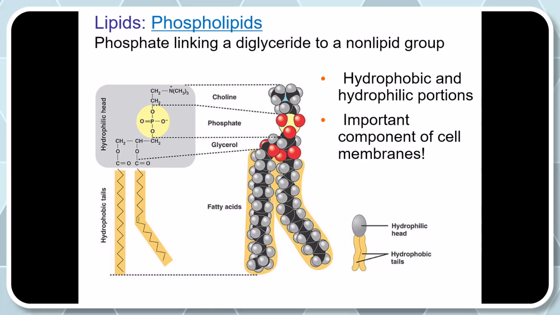So then we've got the phospholipid, which is another type of lipid. It has a hydrophobic portion and a hydrophilic portion, and it's very important in the cell membrane. So this head region here is hydrophilic, and these hydrocarbon tails are hydrophobic.